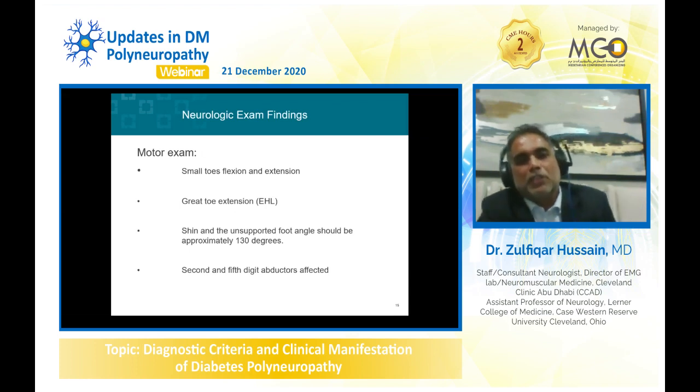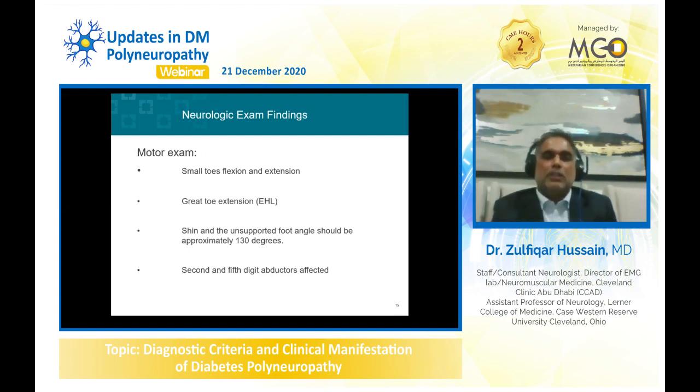With reference to the exam and the motor exam, when we see the patients, if motor fibers are involved, then you can see there's a weakness, but the weakness is mostly minimal. You can see it mostly in the distal muscles of the lower extremity: small toe flexion and extension, EHL.